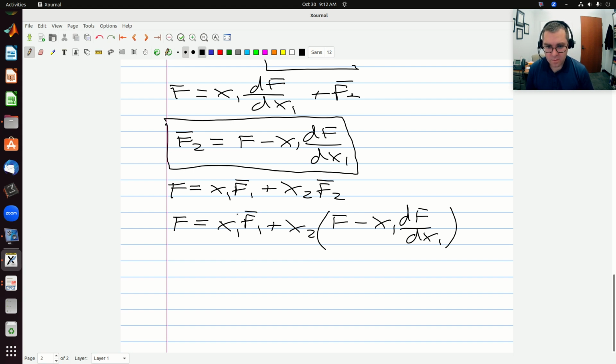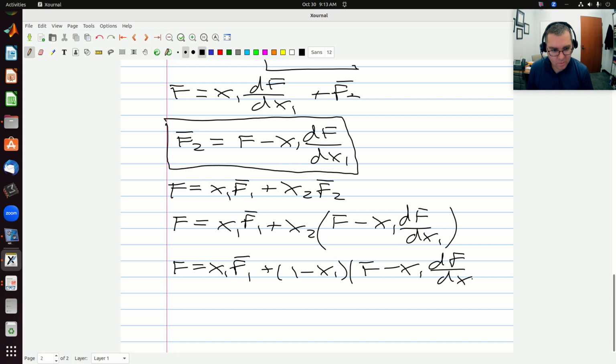Okay. So f is going to be equal to x1 f bar 1 plus 1 minus x1. Okay, and this is if I want to get everything in terms of x1. I could also get everything in terms of x2. Doesn't matter. F minus x1 df/dx1.